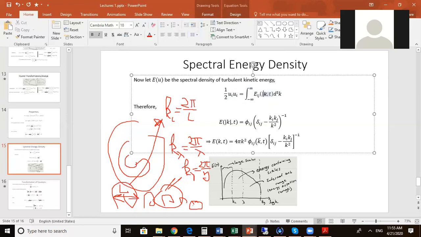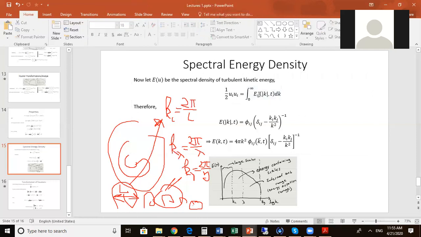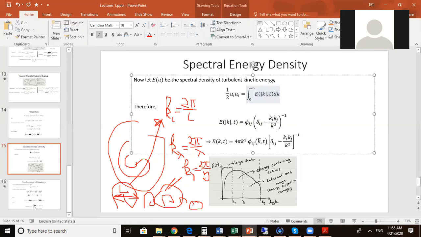We do it like this. And here, exactly, you are right, it should be from zero to infinity. Or, to be more accurate, I should write K maximal here, and K minimal here.